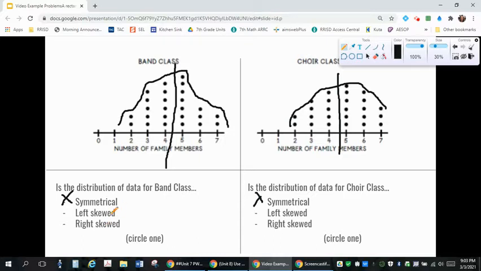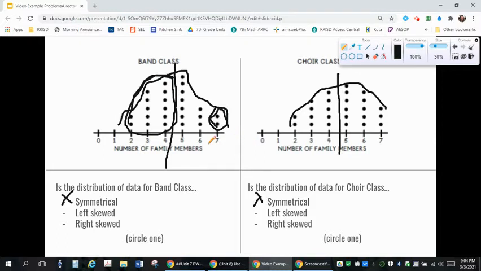Now let's see if band is left skewed or right skewed. The way that we determine that is we look at the halfway point again, on the left side or the right side, which one has more information? Well, it looks like we have more dots on the left-hand side. So one might think, oh, well, it's left skewed then. And that would be incorrect. What actually is happening here is, yes, there's more data on the left, but these little data points on the right are skewing or altering our overall data.